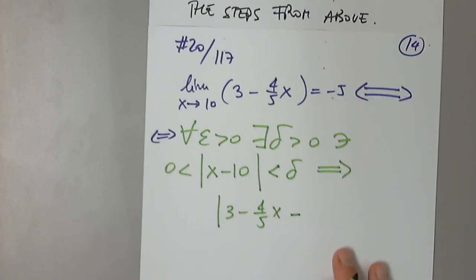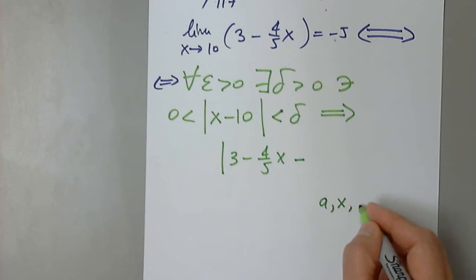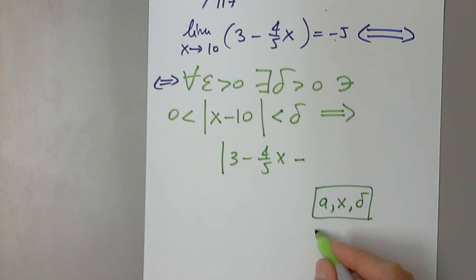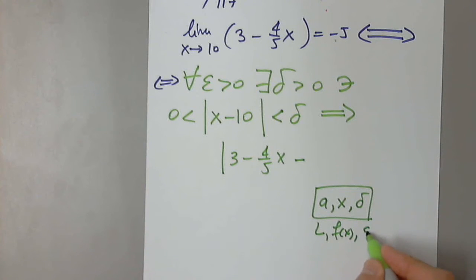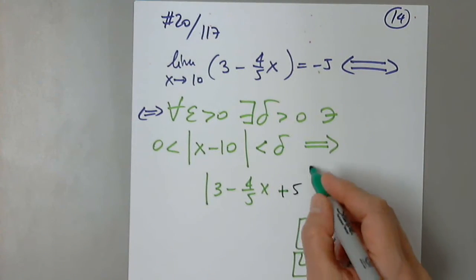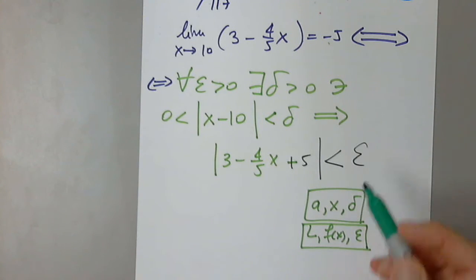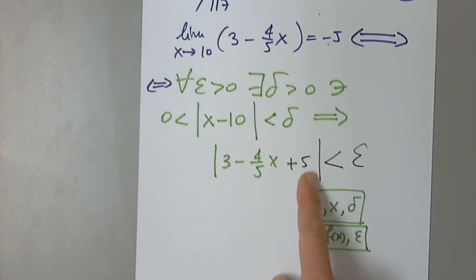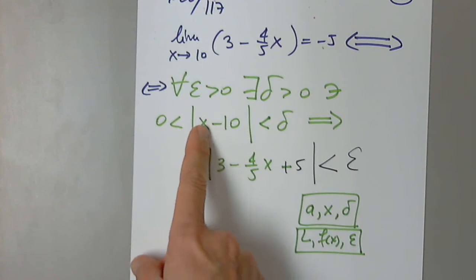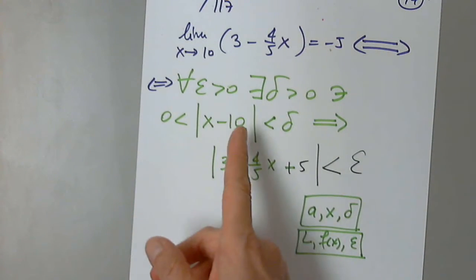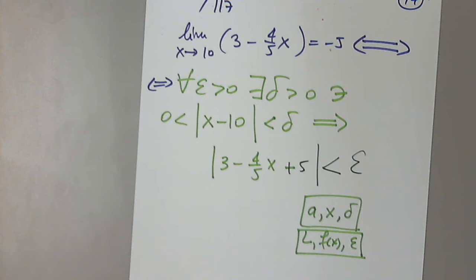One more time. A, x, and delta are together. L, the function, and epsilon are together. You cannot mix and match. So the function minus -5, which is plus 5 in absolute value, must be less than epsilon. Exactly, because the function, L, and epsilon are together. Do not mix and match.